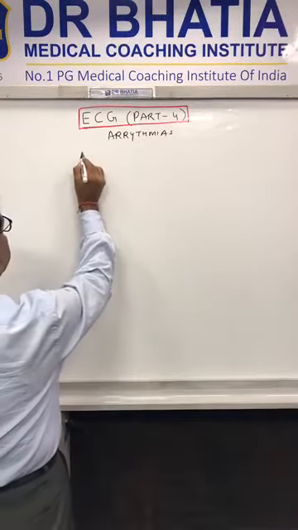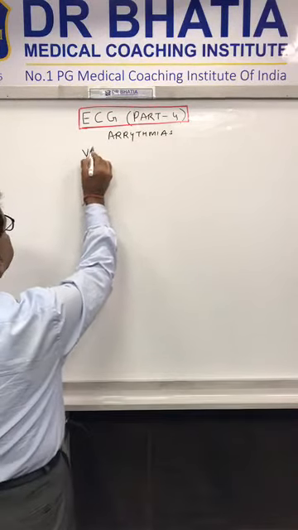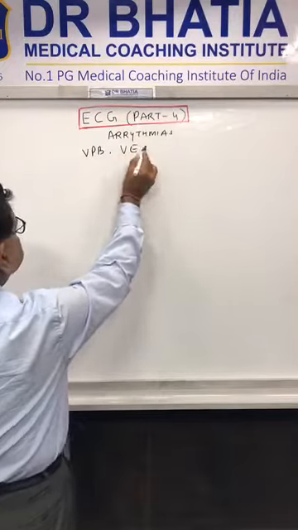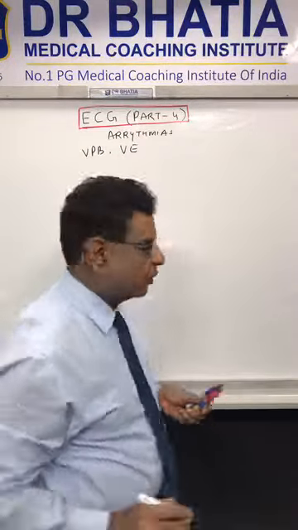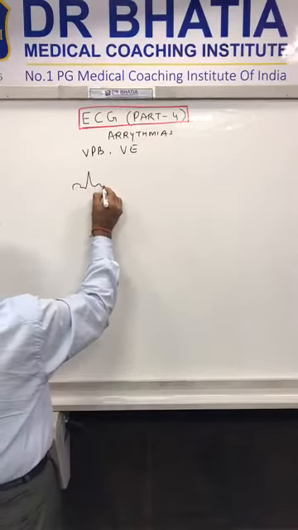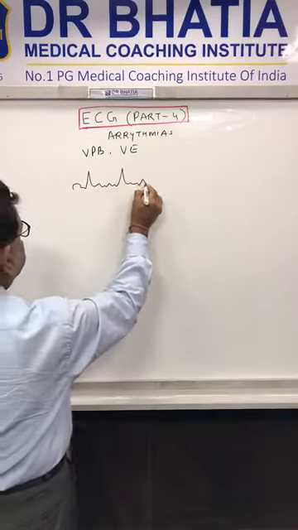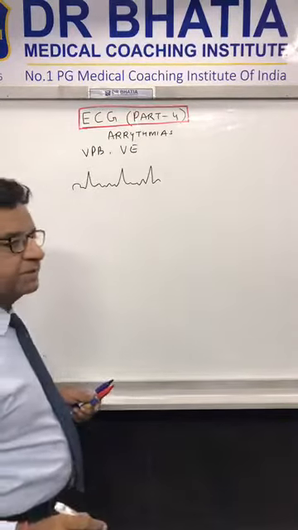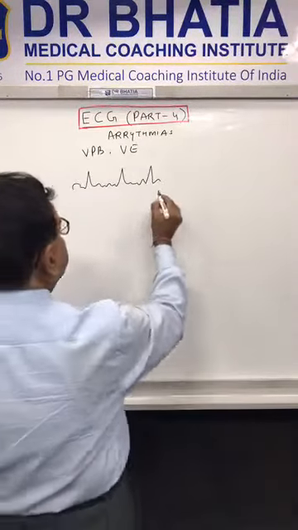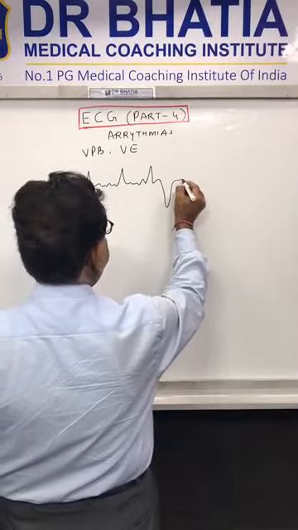First of all, we talk about ventricle premature beat, also called ventricle ectopics. Let's see. This is a normal recording. Suddenly a focus comes from the ventricle and we get a bizarre shape.